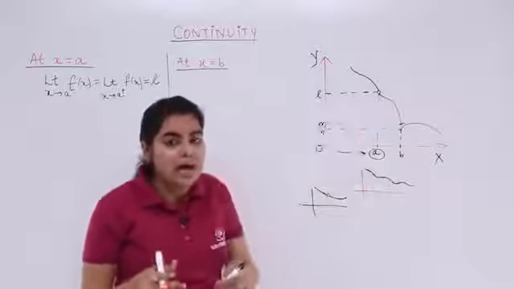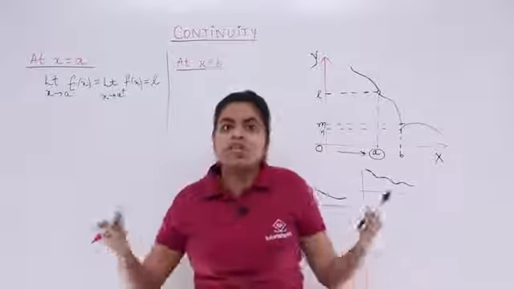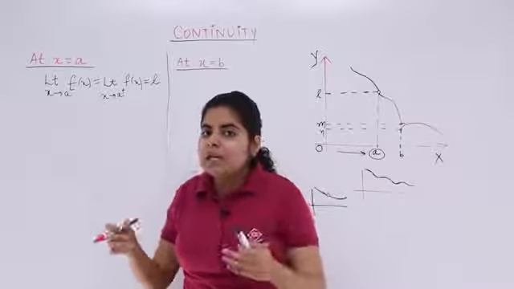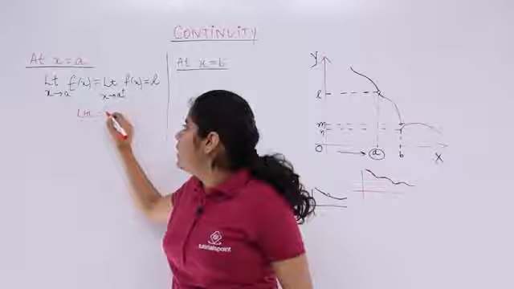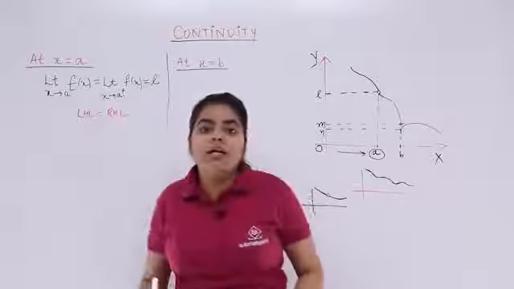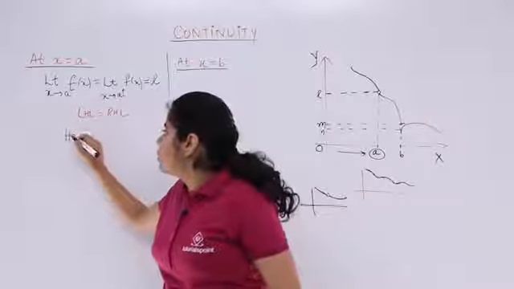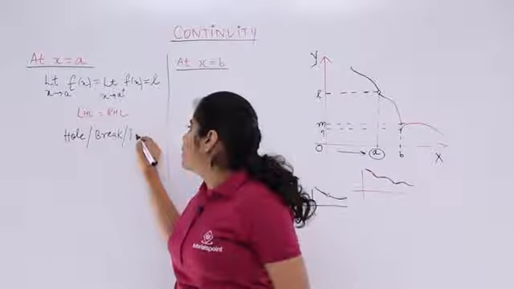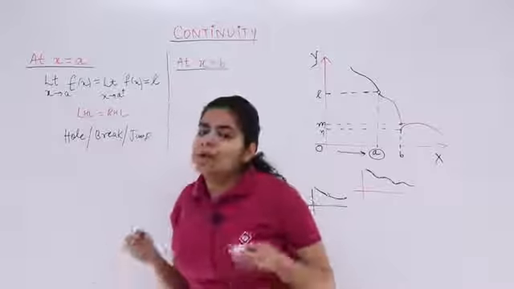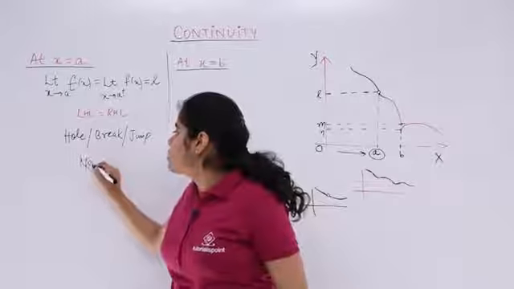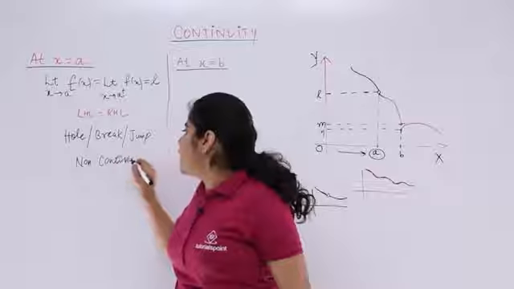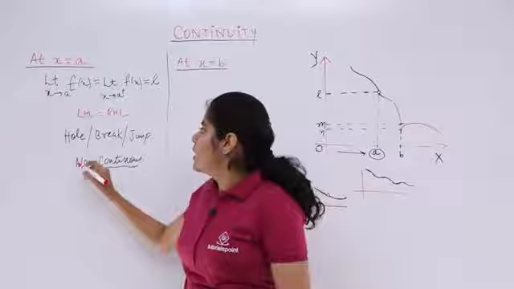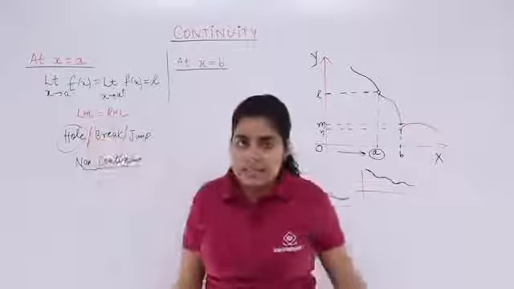The hole in the graph tells me that the function is not continuous. So, even if I see that LHL is equal to RHL, the story does not end because of the presence of a hole or a break or a jump in the graph. My function becomes non-continuous. This was a non-continuous case because there was a hole or a break in it.